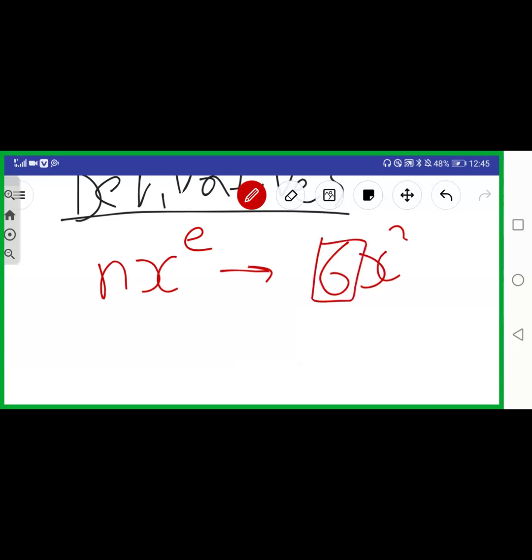The number before the x is the coefficient of x. You have to take your e and multiply with your n. So e multiplied by n, it's going to be en. You keep your x. And the value of e, whatever number that exponent is, you subtract 1. Then you are done.